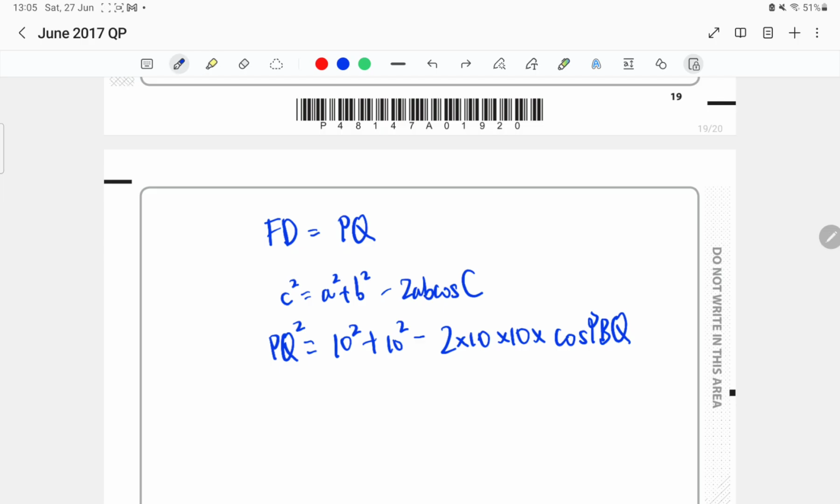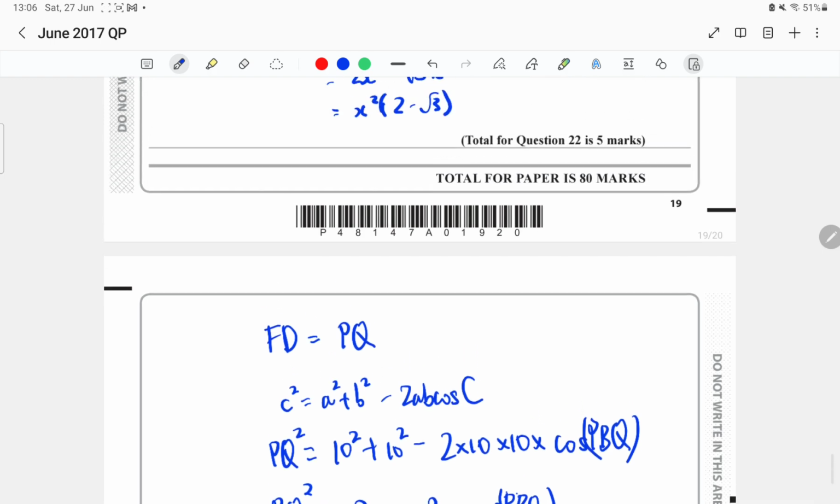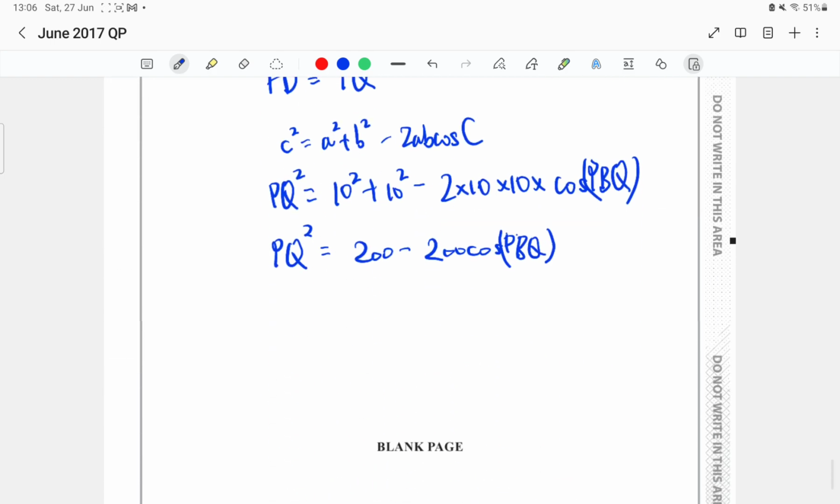So let's simplify it first. PQ squared equals 10 squared is 100 plus 10 squared again, so 100 times 2, 200, minus 2 times 10 times 10, 200, cosine PBQ. Let's put a bracket so we're not confused. Okay, as we know, PQ squared equals FD squared.